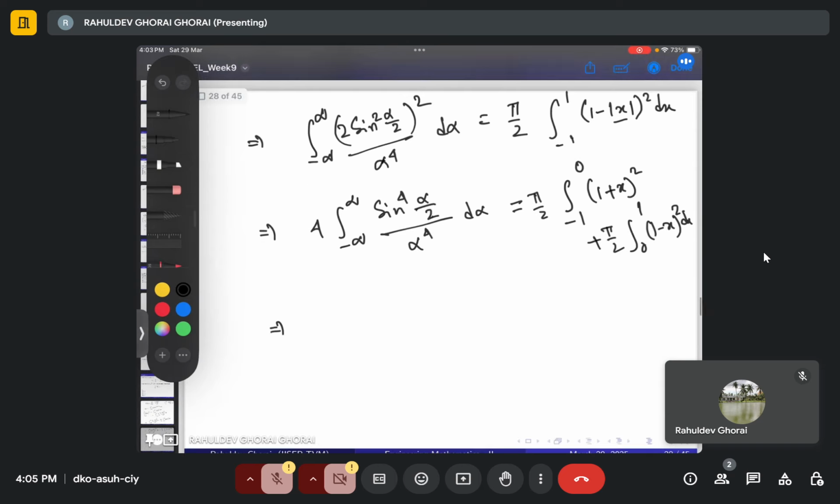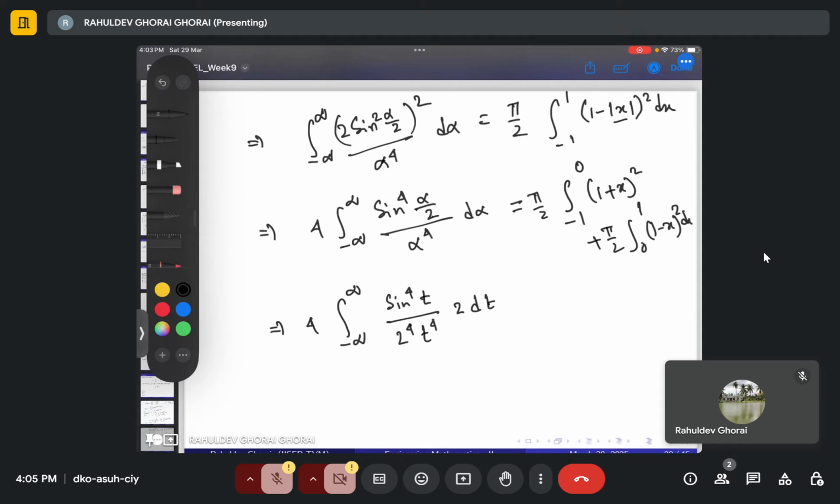In this integration I take alpha by 2 equal to t, then sine to the power 4 t over t, it will be 2 to the power 4 t to the power 4, times 2 dt, alpha equal to 2t, right?